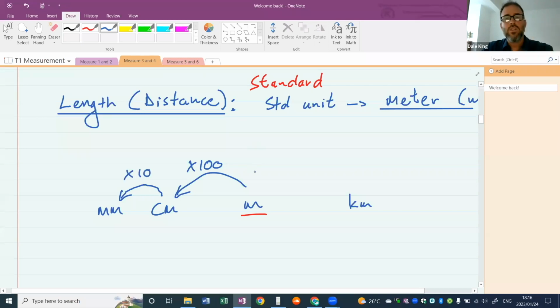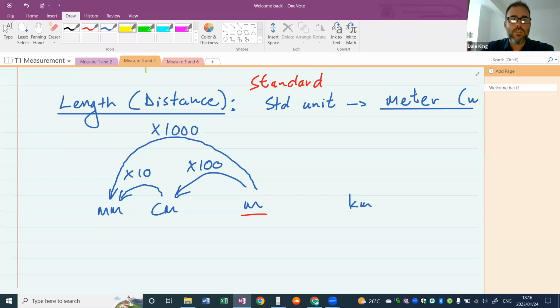And then to go from meters all the way to millimeters, that big jump, how many millimeters are there? Well, the times 100 and the times 10 together will make 1,000. So we have 3 zeros under this arrow, 1, 2, 3, and there are 3 zeros on top.